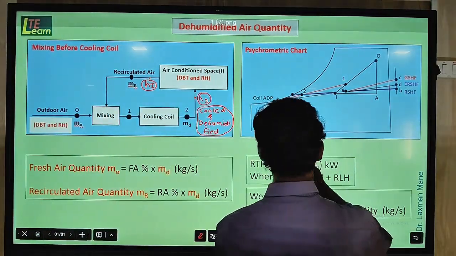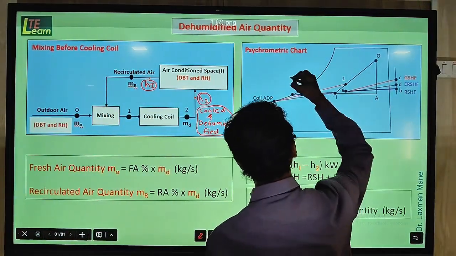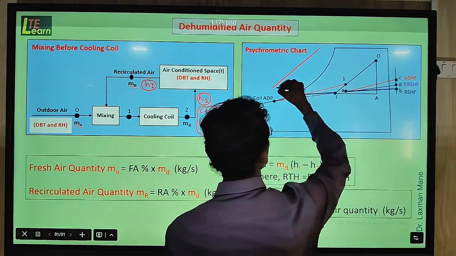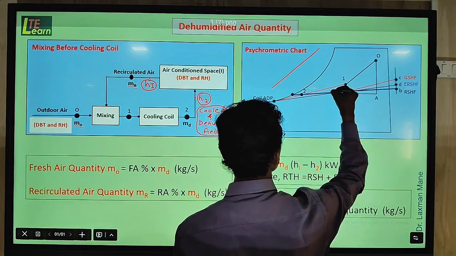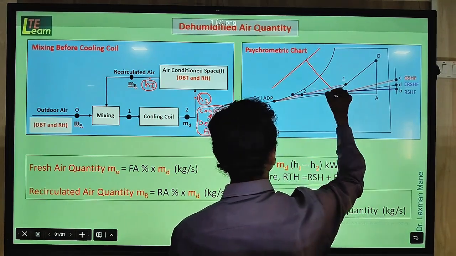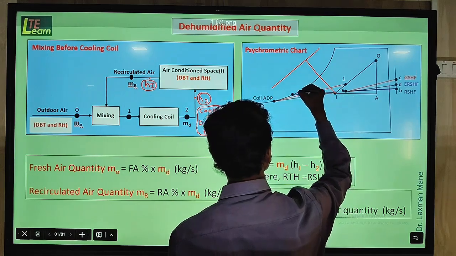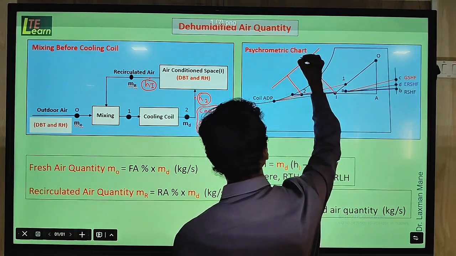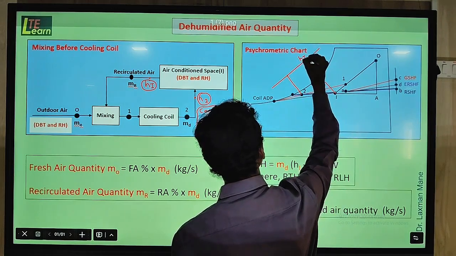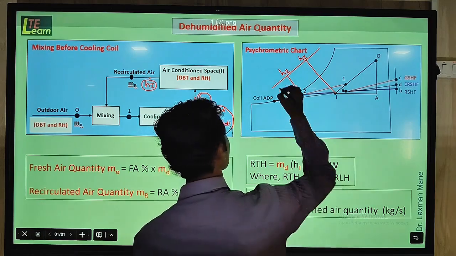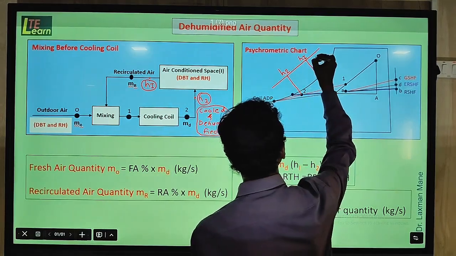These enthalpy values we get from the chart. Here this is an enthalpy scale. When we project a line from I and point 2 on the scale, we find HI enthalpy and H2 enthalpy in kilojoule per kg.